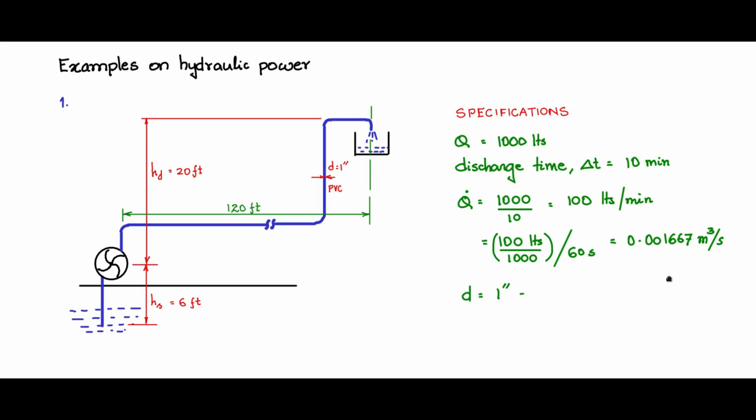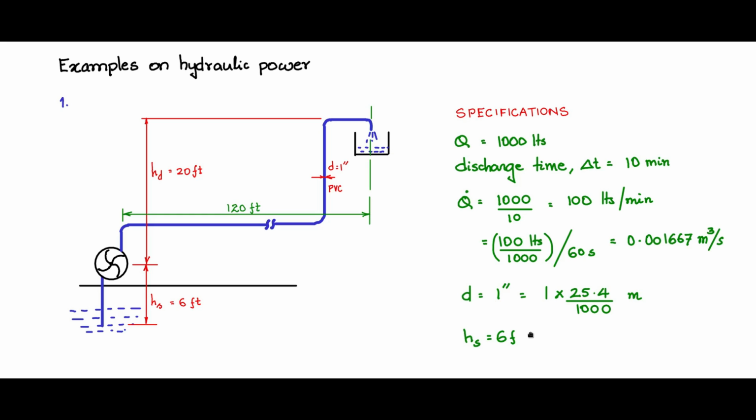What is the diameter? Diameter given is 1 inch. We need to convert it into SI units. So 1 inch is 25.4 mm. Mm to meter is 25.4 by 1000, because 1000 mm is 1 meter. So you can convert inch to meter by multiplying by a factor of 25.4 by 1000.